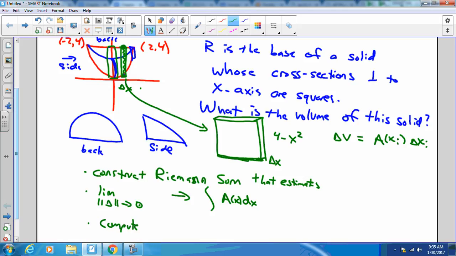Therefore, the volume of that little piece is equal to the area times the thickness. And therefore, the total volume is approximately equal to the sum of area times thickness for each of the pieces.